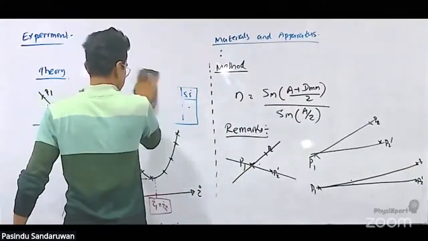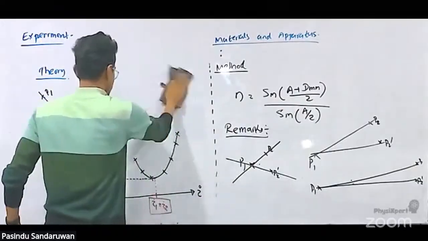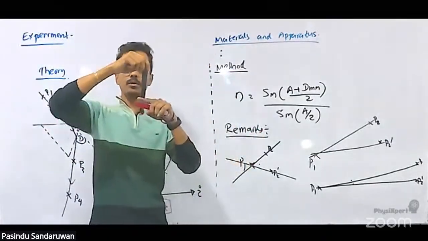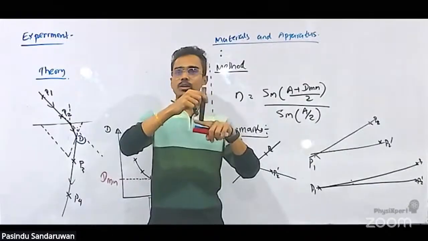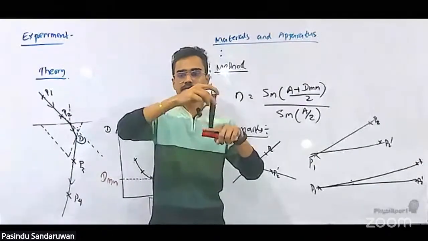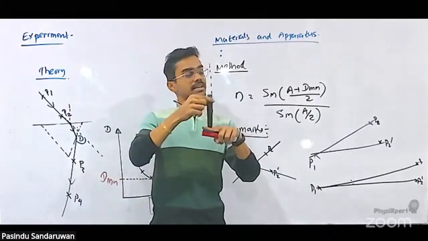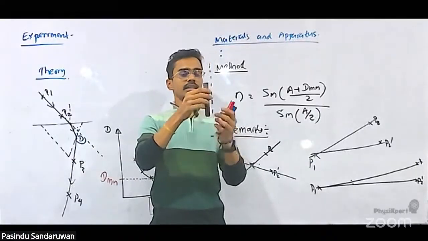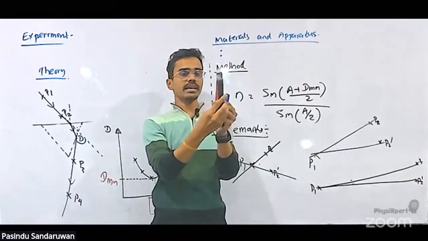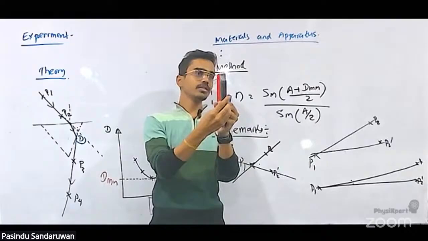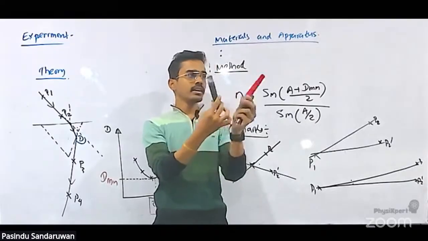Right. Which means now when we fix optical pins on the drawing board, it is not always going to be exactly vertical. You are fixing the pin on the board, and it is not always exactly vertical. Then if these two have a small inclination, you won't see that collinear alignment even though you are moving the eye here and there.